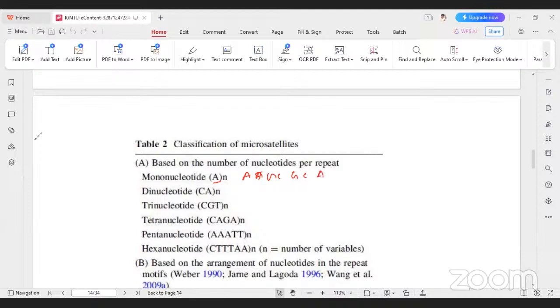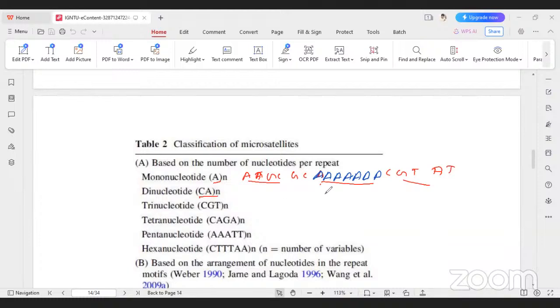Let's change color. Single nucleotide, adenine. Next is the common. So only write the repeated sequence.